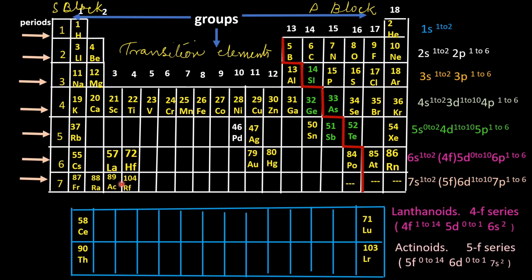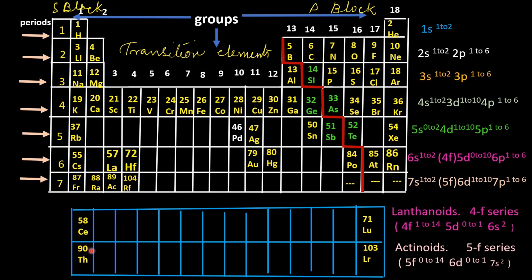That is the sixth period elements between lanthanum and hafnium, and seventh period elements between actinium and rutherfordium. The last electron goes to the corresponding f subshell. The f subshell electron configuration will be (n-2)f0 to 14.